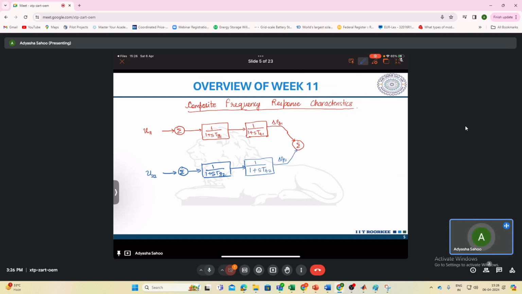Similarly, you can have up to N, U1N, so that will give you delta PGN.